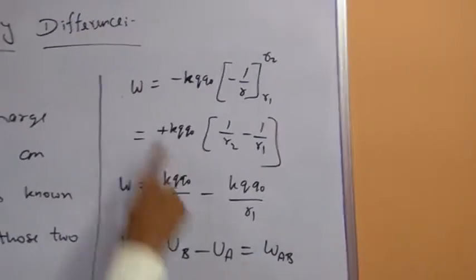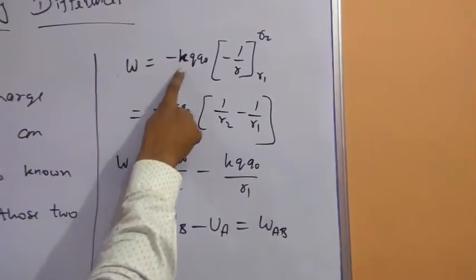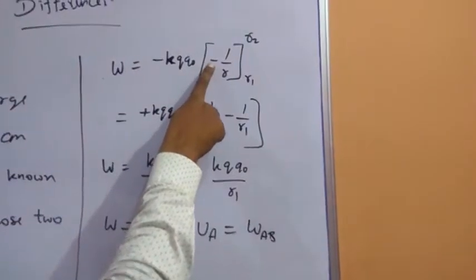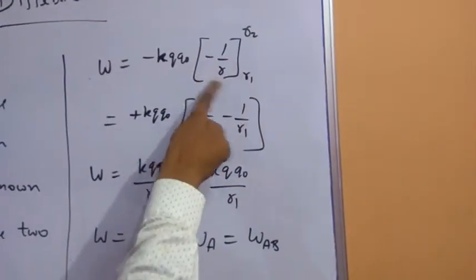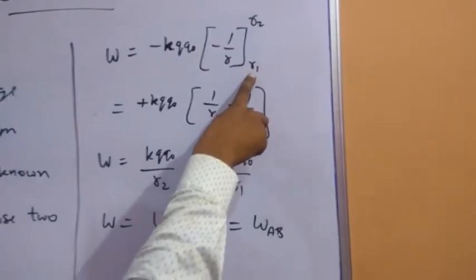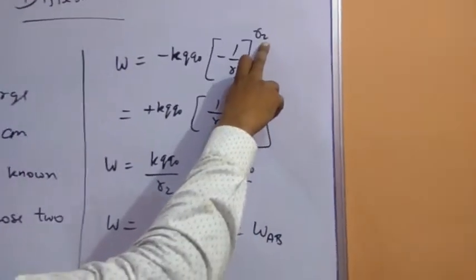So by integrating we get W is equal to minus K Q naught by minus 1 by R. Lower limit is R1, upper limit is R2.